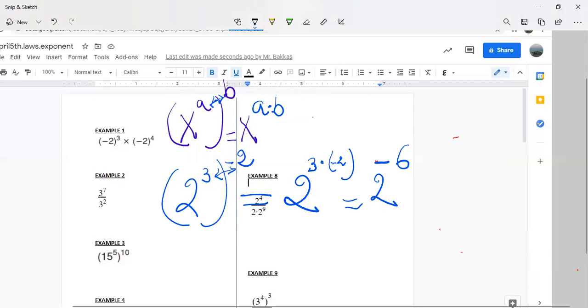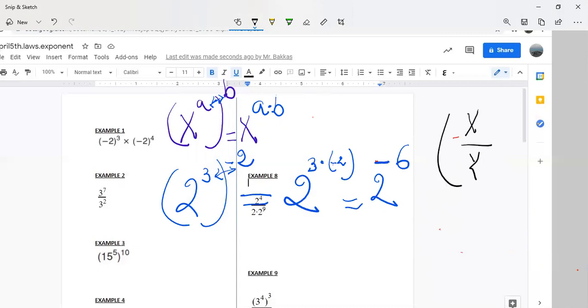Another rule is if you have a fraction inside a parenthesis, let's say you have x over y to the a. Okay, so if you have a fraction raised to an exponent, we can write it by taking out the parentheses and giving the exponent to the numerator and then to the denominator.